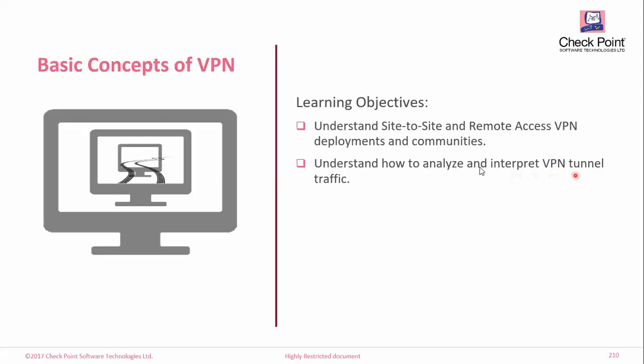How to analyze and interpret the VPN tunnel traffic. Again, you'll be opening up the B host. You'll be FTPing over to the ALDAP server, the 11.101. You log in as admin, the checkpoint password. You can just run a PWD or whatever, close that out. Then you'll come back over to Alpha, open up the logs, and you can just filter on VPN, and it'll remove all the other logs.